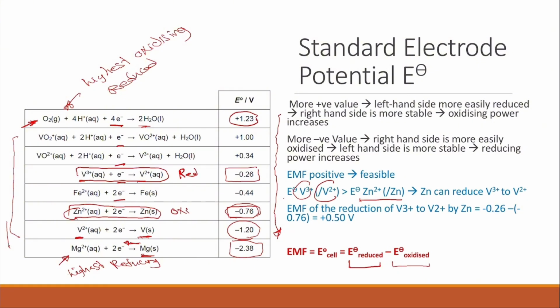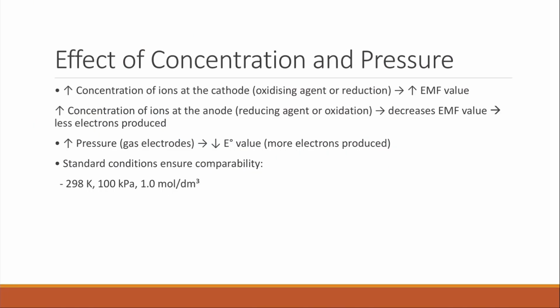So it's going to be the standard electrode potential for the reduction, which is minus 0.26, minus the standard electrode potential for the one that is oxidized, which is the zinc, minus 0.76. You can calculate that and find the EMF for this particular cell, which is 0.5 volt. As you can see, it's a positive value, which means this can actually be feasible.